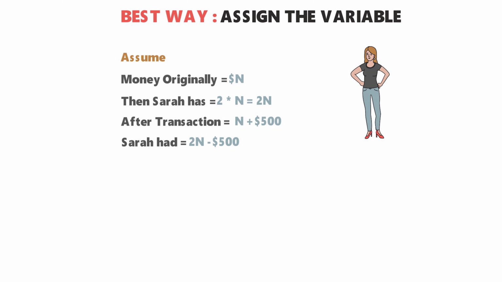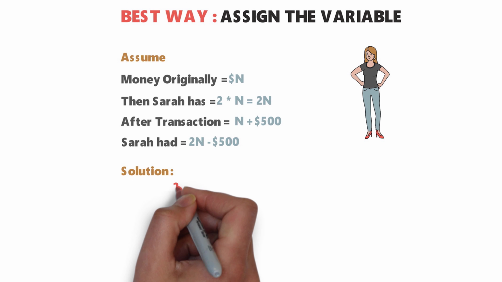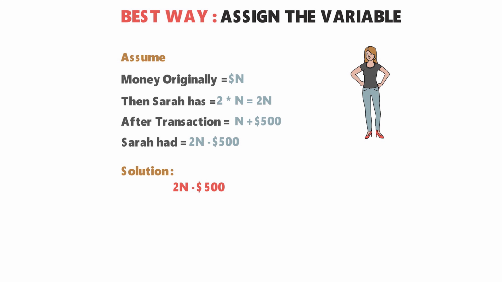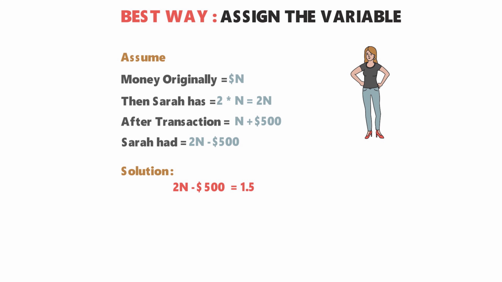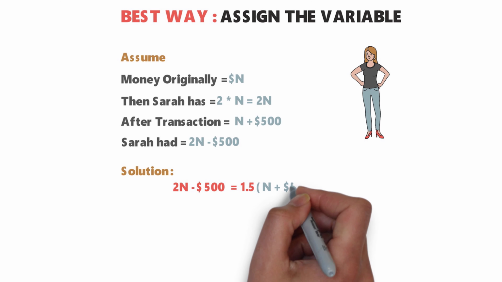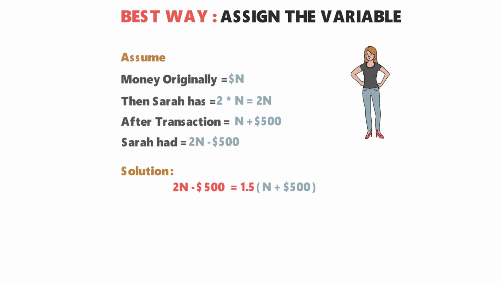Based on this information, we can build an expression. 2N minus $500 equals 1.5 multiplied in parentheses N plus $500. Let's go ahead and simplify this expression.